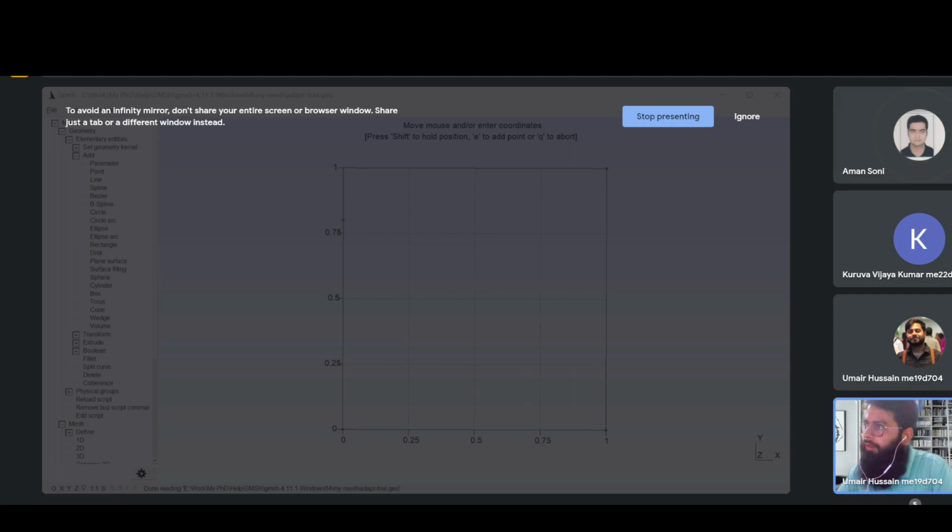I made a mistake in adding the coordinates.